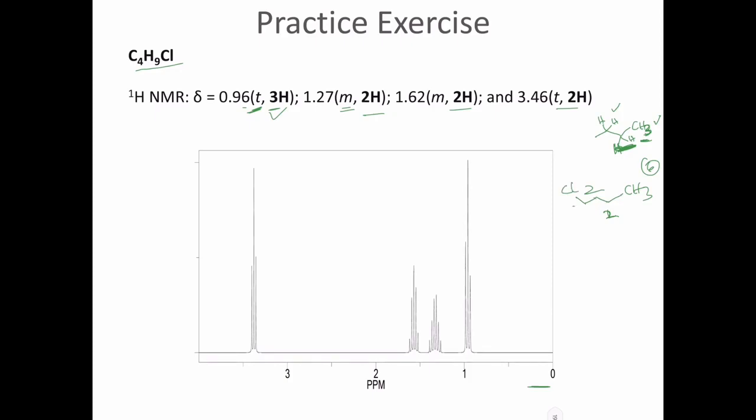So 2, 2, 2, and then we have 3 protons. So the structure for this compound is going to be CH3, CH2, CH2, CH2, Cl. 1, 2, 3, 4. Okay? And you can monitor the nice splitting patterns that are shown here for each level.